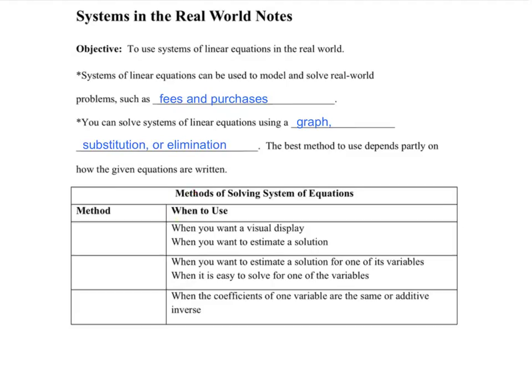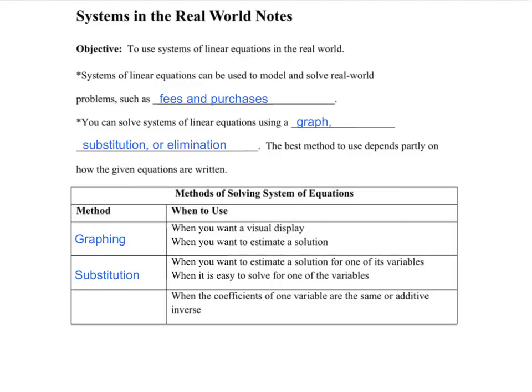Whenever we have a visual display or you want to estimate a solution, the best method to use is our graphing method. When it's easy to solve for one of the variables, we're going to use the substitution method.